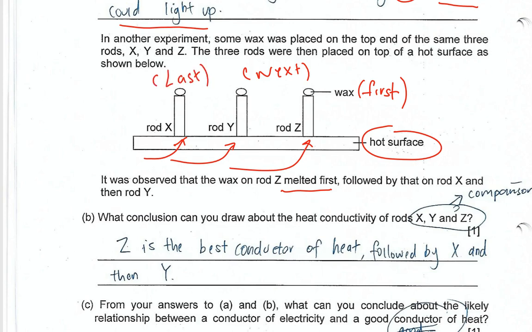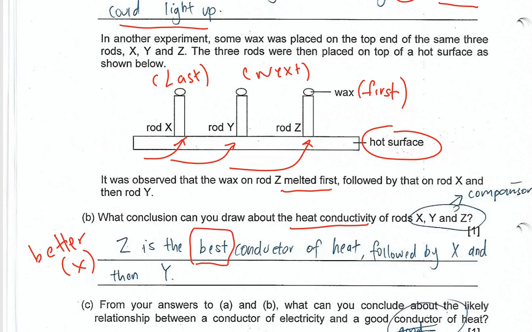So what does it tell you about the heat conductivity? Again, make a choice, right? You have to make a choice. And because you're comparing with 3 different rods, okay, you are comparing with 3 different things, the only comparison word that you can use is best. You cannot use the word better because better refers to only 2 things.